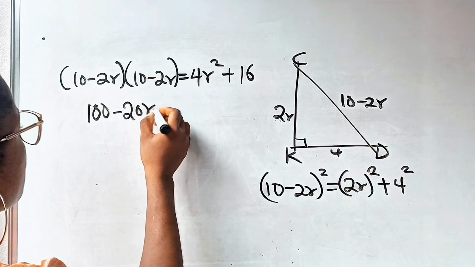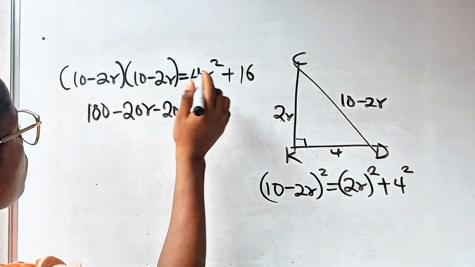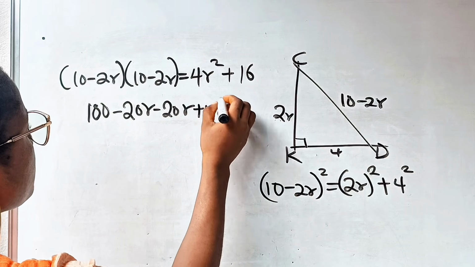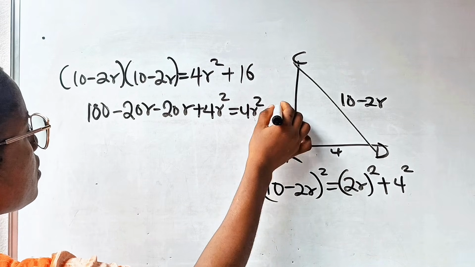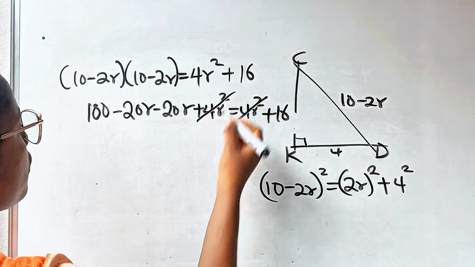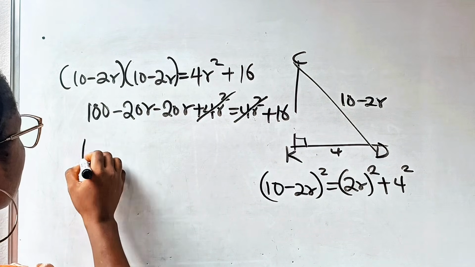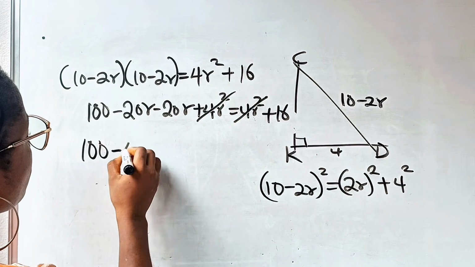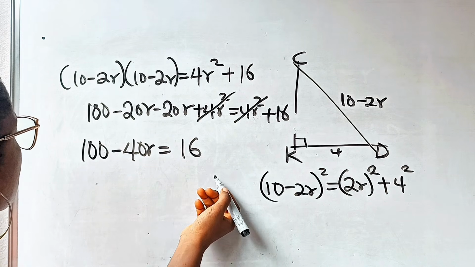Minus 2R times 10 is minus 20R. Minus 2R times minus 2R is plus 4R squared. Is equal to 4R squared plus 16. So 4R squared, 4R squared, those two will go. And we are left with 100 minus 40R is equal to 16.